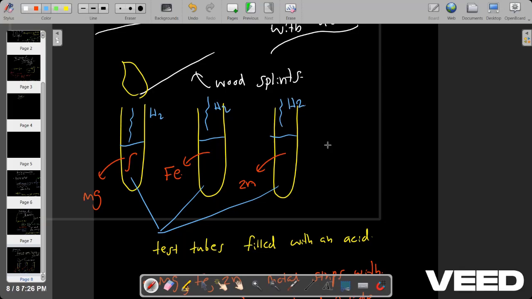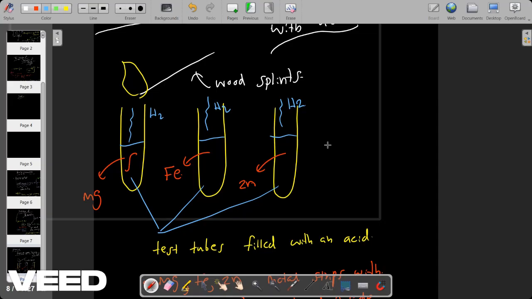So if there's hydrogen gas, what do you expect to observe here? The squeaky pop with the splint, right?